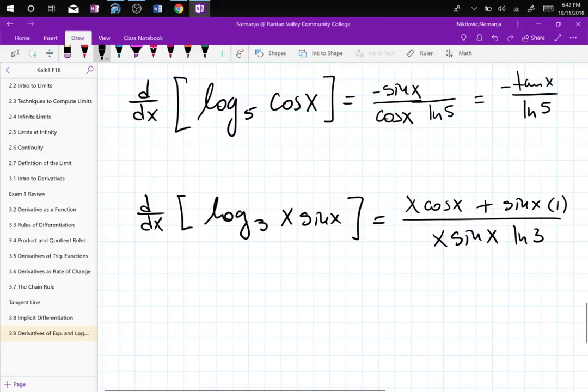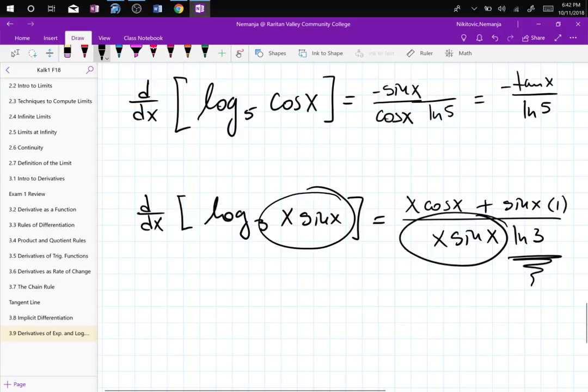So if you are able to deal with this, which is literally copy the function as is, followed by the ln of the base. Do you guys see that if you have ln of x, the formula actually applies because that's log base e of x? The main formula would actually work because ln 3 would now be ln e, which is 1.